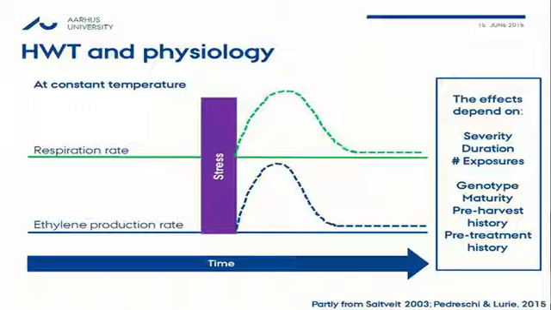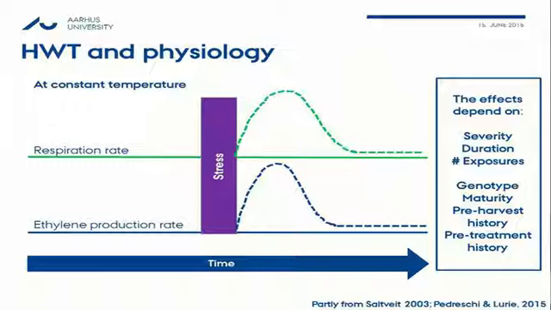This is over time at constant temperature. But if we stress it, the tissue will react, the respiration rate will go up and go down again. So it's a transitional increase in respiration rate and also in ethylene production rate.